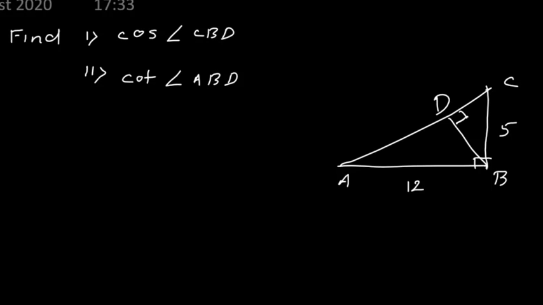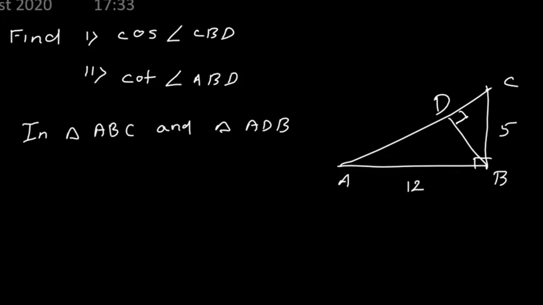So I will take two triangles in which BD is common. Let us take the big triangle ABC, and then this small triangle ADB.